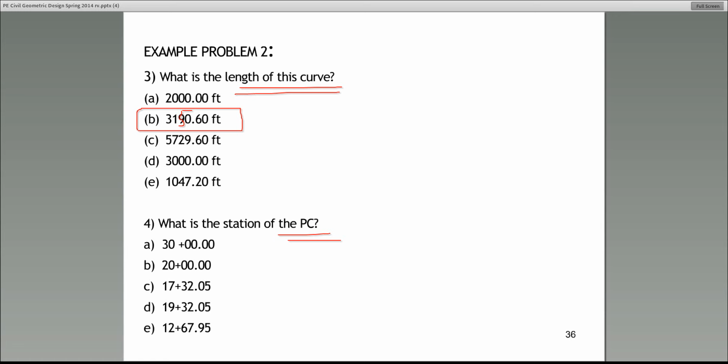Always take the station of the PI, subtract the tangent from it in terms of stations. All right? And several of you, Stephen says 12 plus 67. Yeah. All right. So yes, this is choice E is correct. 12 plus 67.95. So those of you who are getting that, that's the station of the PC.